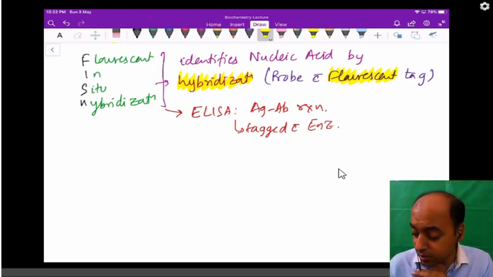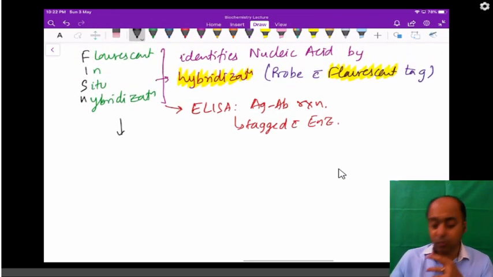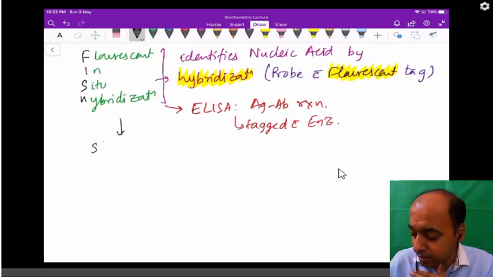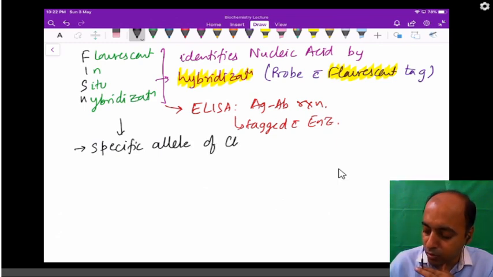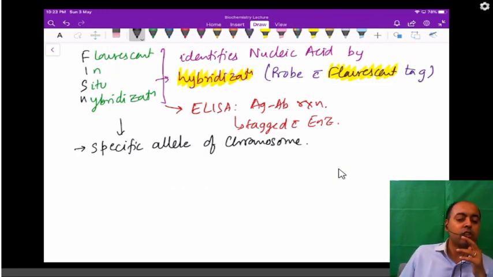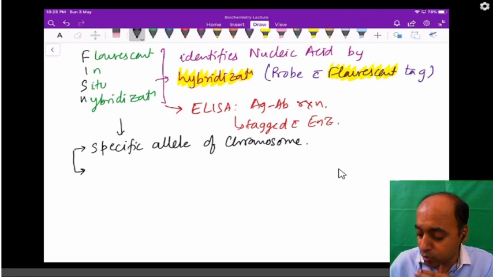What do you use FISH for? FISH can be used to identify specific allele of chromosome. If you synthesize the probe in such a way that it is specific for a particular allele, you can use it to identify specific allele of chromosome.